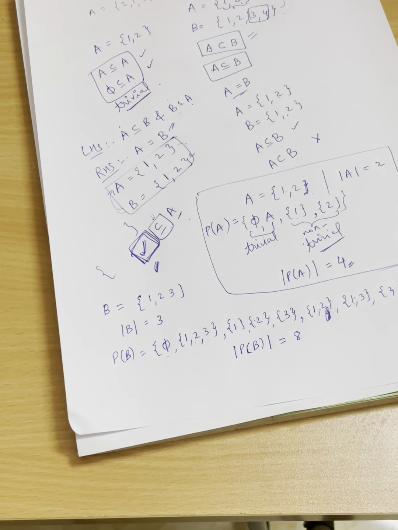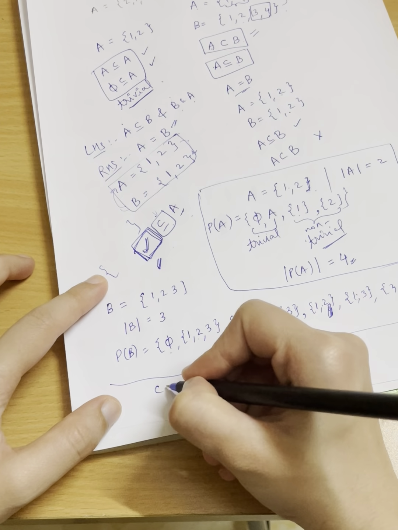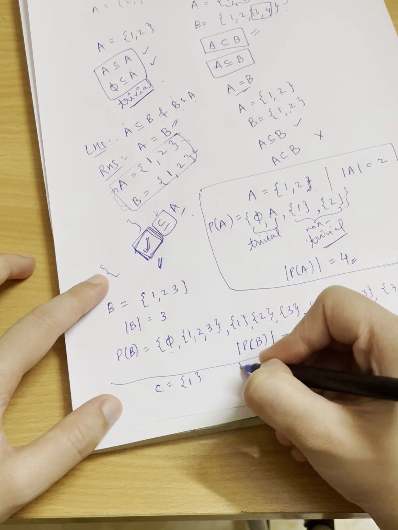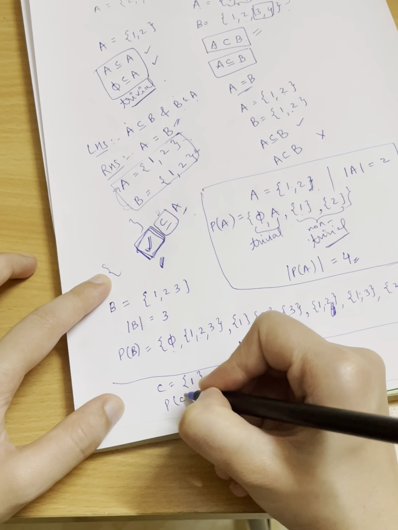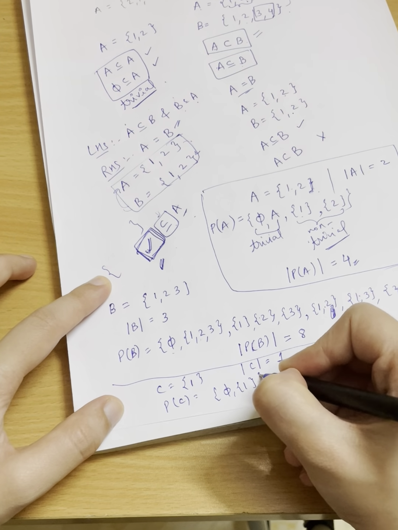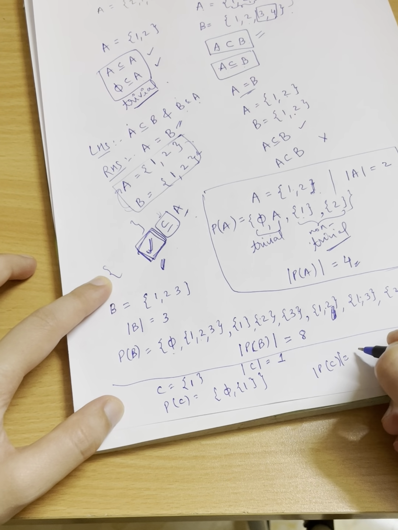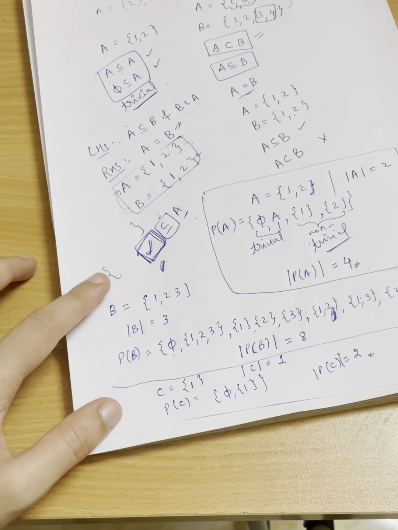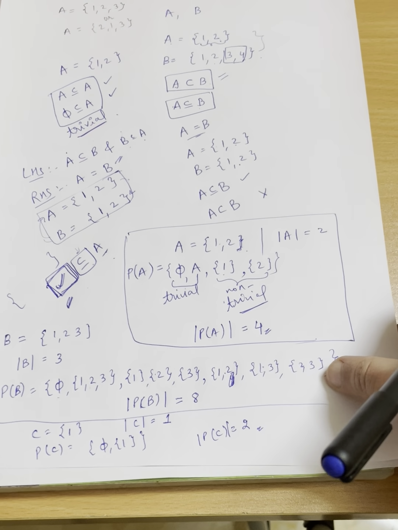This is it. And similarly, if you have, let's suppose, only {1}, the cardinality of C is 1. And if you find the power set of C, it is phi and {1} itself. And you find that the cardinality of the power set of C is 2. Now, from all these examples, you find one interesting thing.